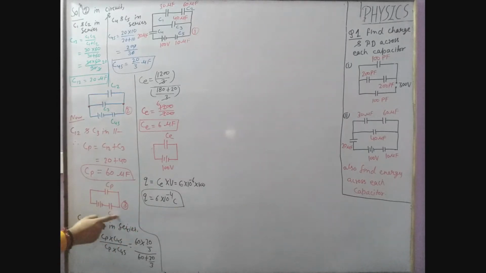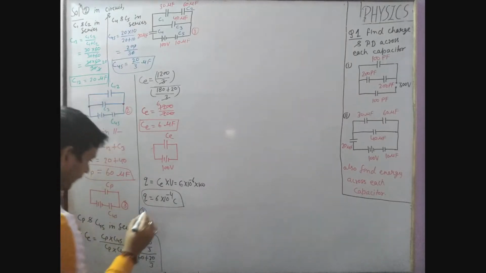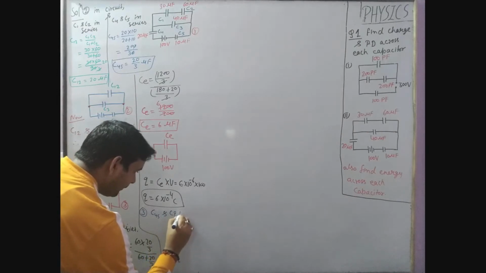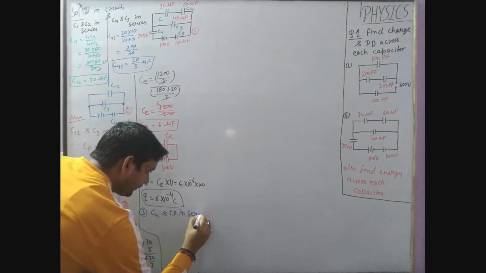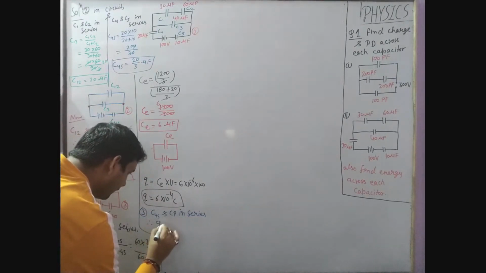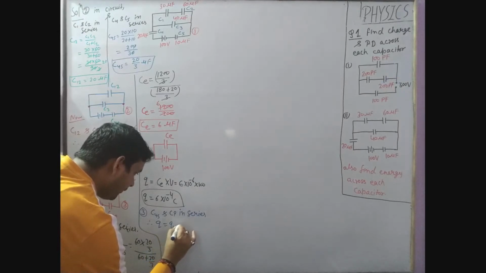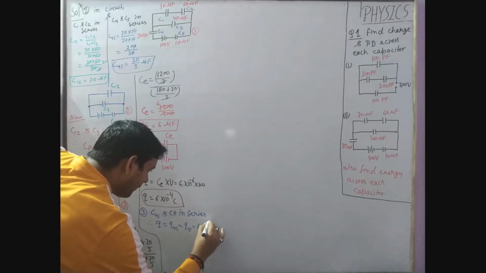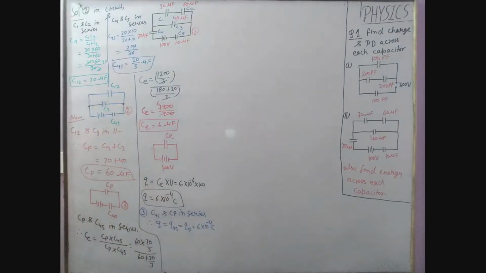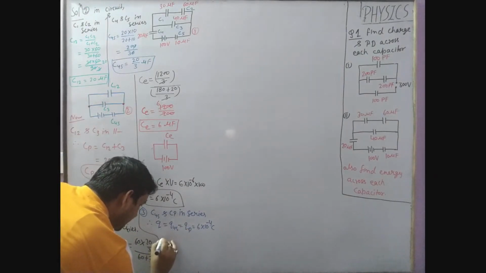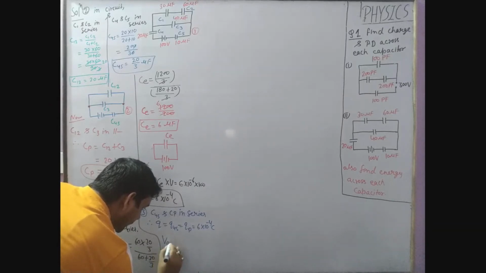Now the circuit is moved to third point. Now C45 and CP in series. Therefore Q is equal to Q45 equal to QP equal to 6 into 10 to the power minus 4 coulomb. Therefore we calculate from here that VP.